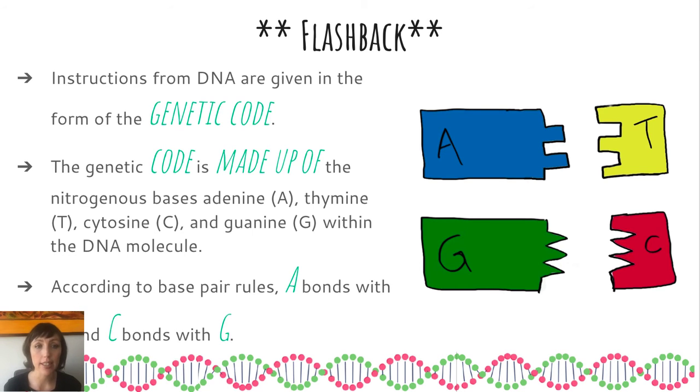That's what we call it. And the genetic code is made up of nitrogenous bases. Those would be adenine, or A for short, thymine, or T, cytosine, C, and guanine, G. Okay, and those are the nitrogenous bases of DNA. And according to base pair rules for DNA, A will always bond with T, and C will always bond with G.